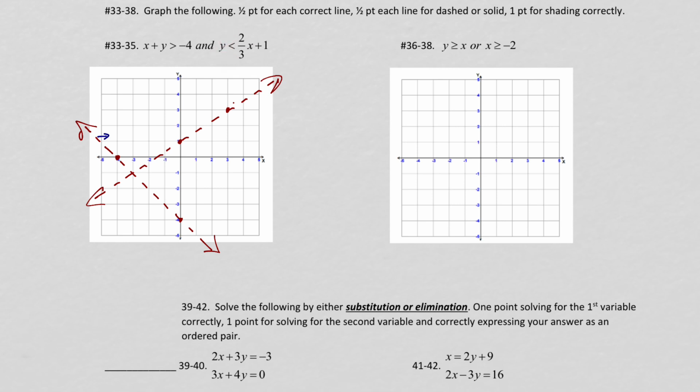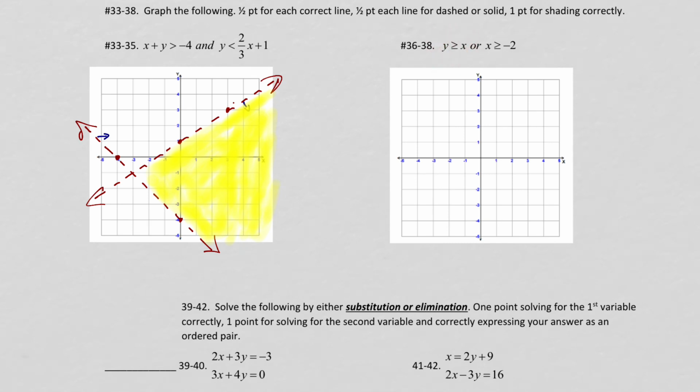So we're going on this side of this line. So we're looking for stuff on this side of this line and this side of this line, which is this stuff right in here. And that's it.